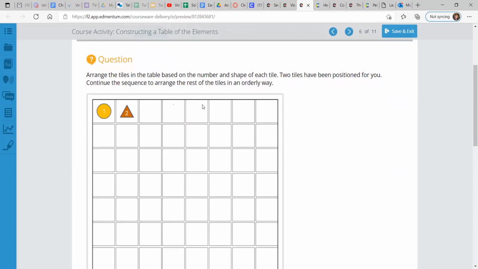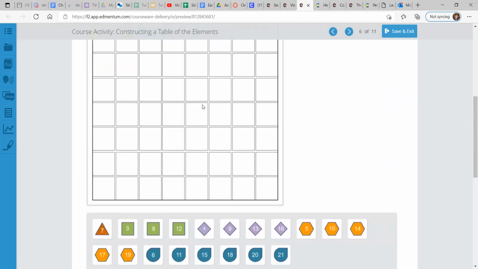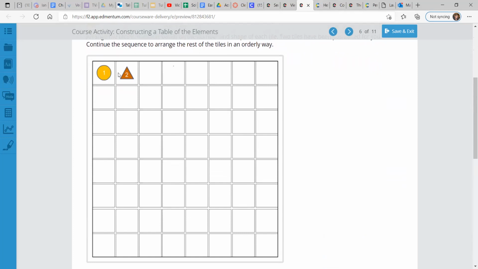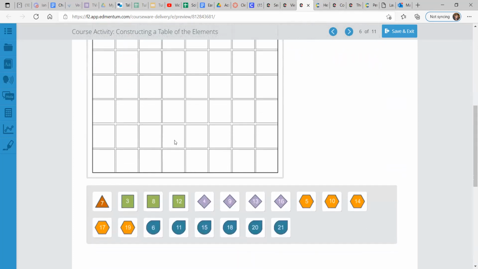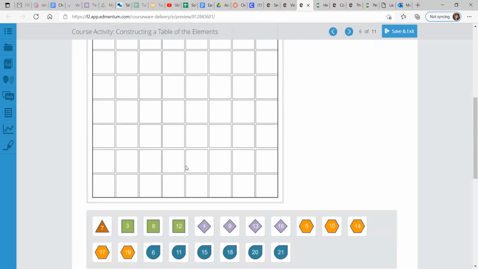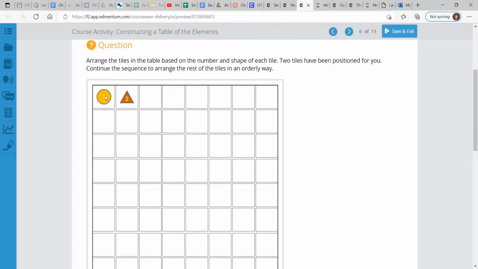We are going to organize them based on number first, and then group them by similar shape and color. Thankfully, each shape is the same color, so we can take color out of the equation for now. We're just looking at the numbers.